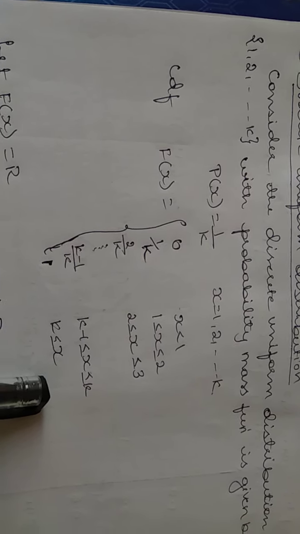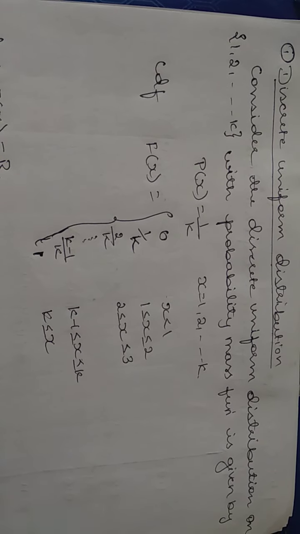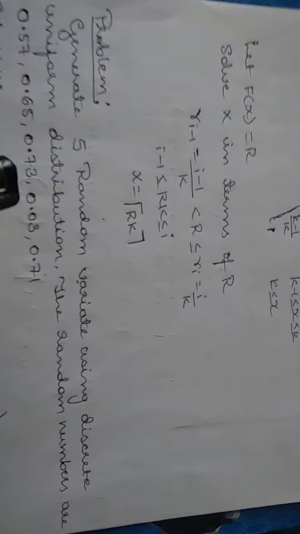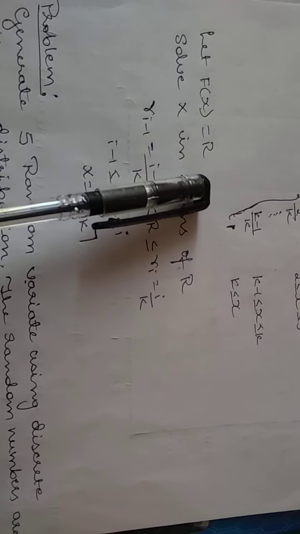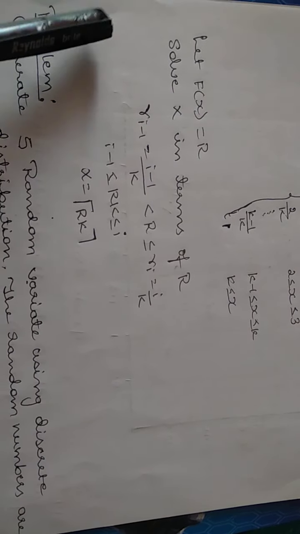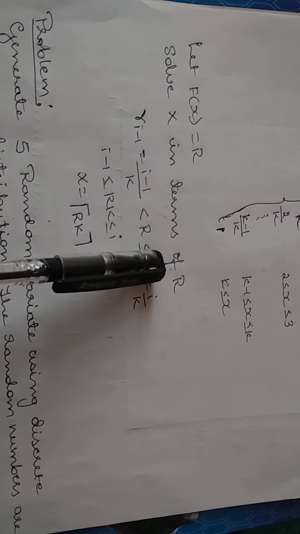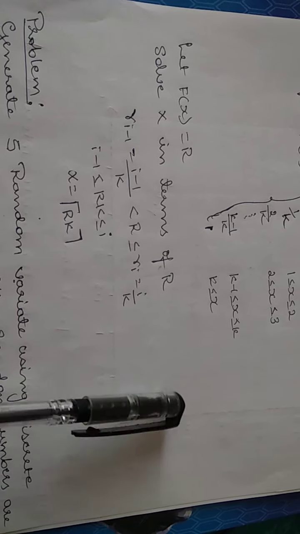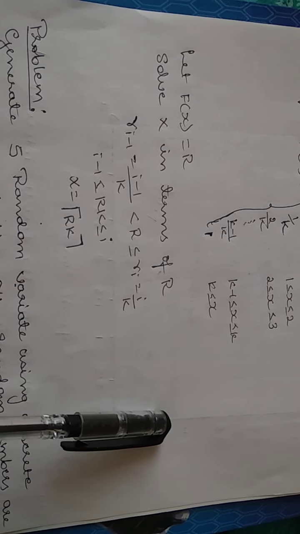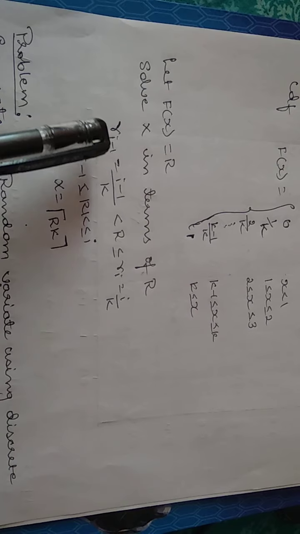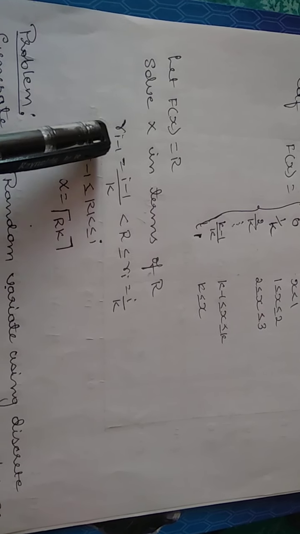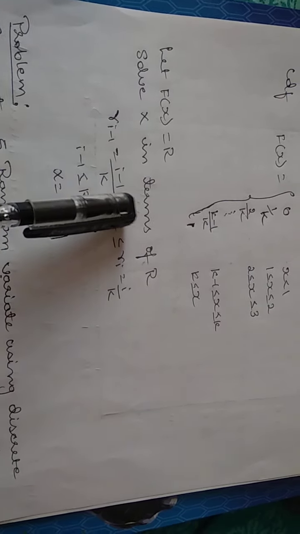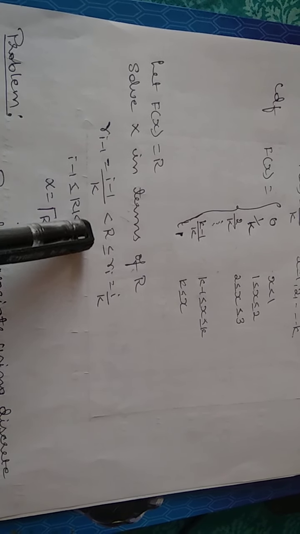Now we'll solve for the formula for this discrete uniform distribution. First you have to consider F of x is equal to r, and then we have to solve for x in terms of r, that is x is equal to F inverse of r, as we have seen. Here I'll take (i minus 1) by k less than r less than or equal to i by k, where the step is 1 divided by k.